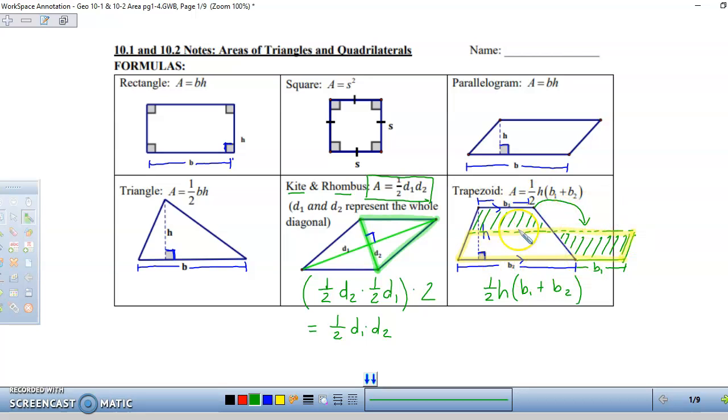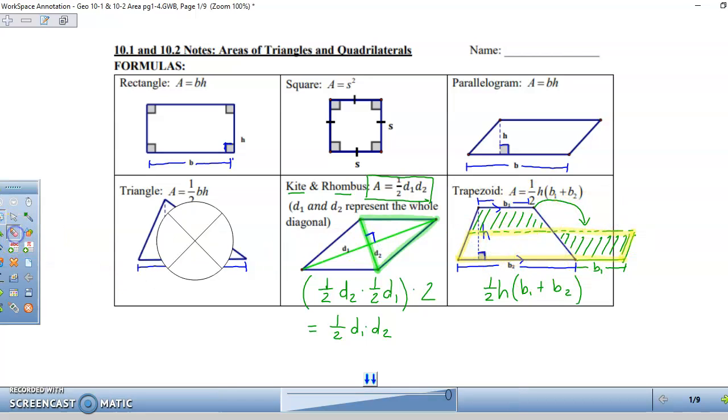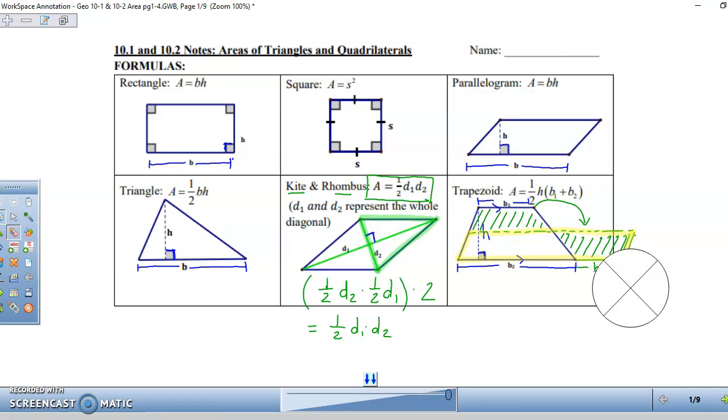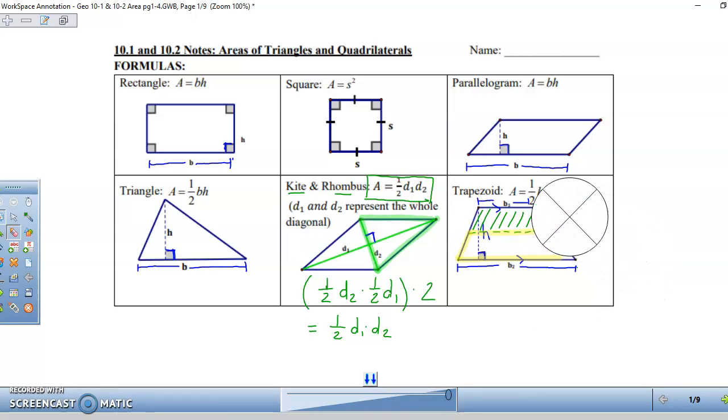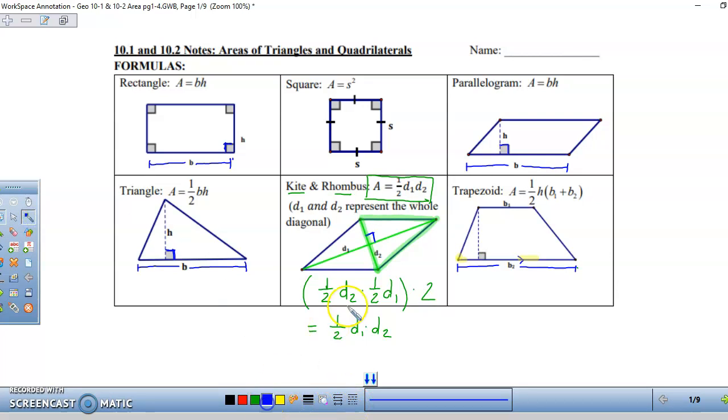So that's why it works, but again, you'll never have to explain that to me, so I'm going to erase this. And you guys are just going to use that formula. Oops, that's not 1/2, sorry. So this is the height, and that's base 2, and this is base 1. So there's your formula for a trapezoid.